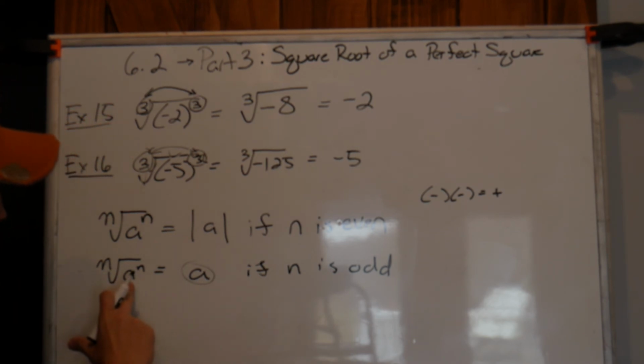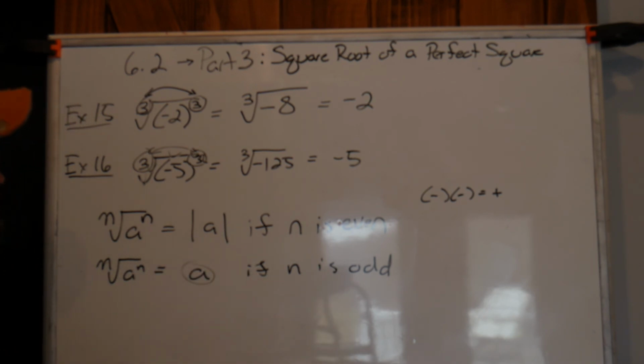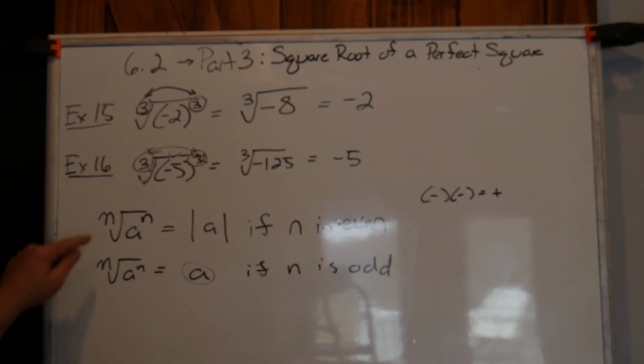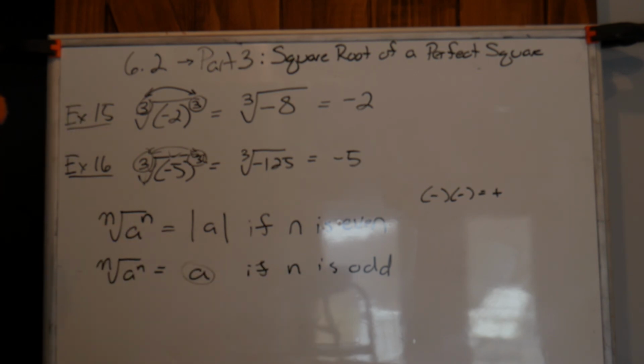If it's negative, it's going to be negated one more time and leave us with a negative. If it's even, well, then it could have been a negative and become a positive because we'd have a negative times a negative no matter what. So that's a little rule to remember when you're dealing with these perfect squares, square root of a perfect square.